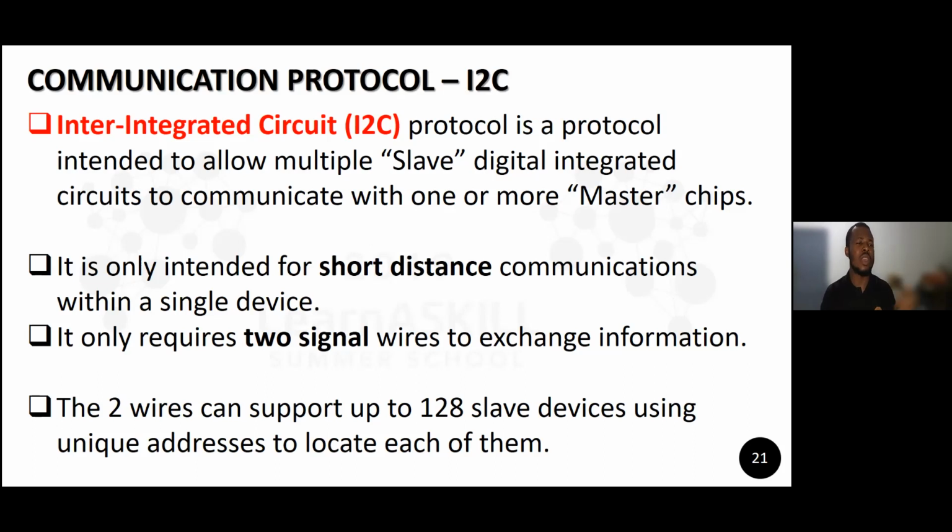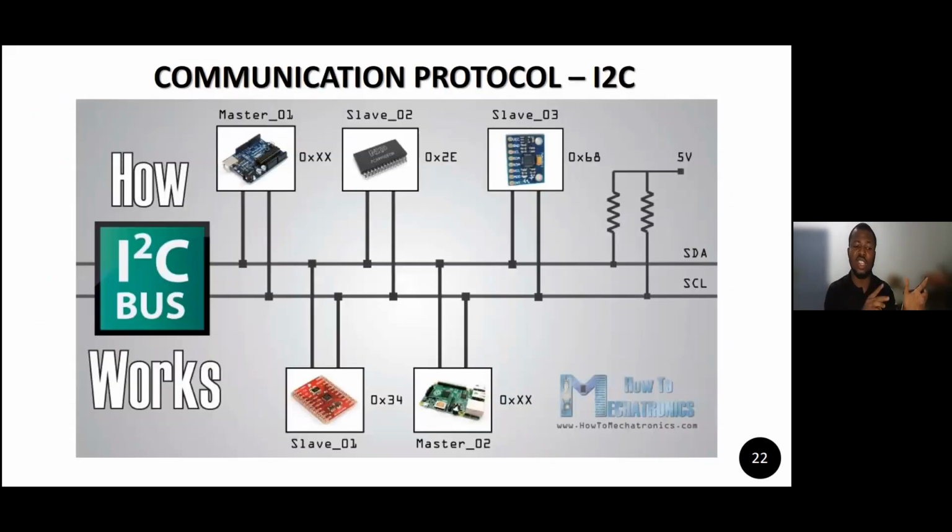And there is this LCD with a backpack, so the backpack makes it possible to communicate with it on the I2C line. So the main advantage of the I2C is the fact that we're able to connect many devices to the Arduino at a time without using pins. If I even connect 100 devices to the Arduino via I2C, I will still be using just 2 pins because it's a shared bus.